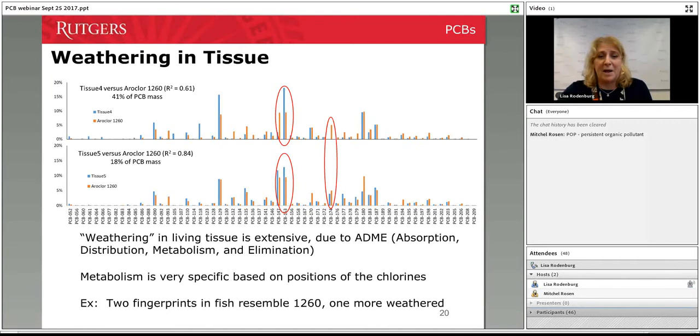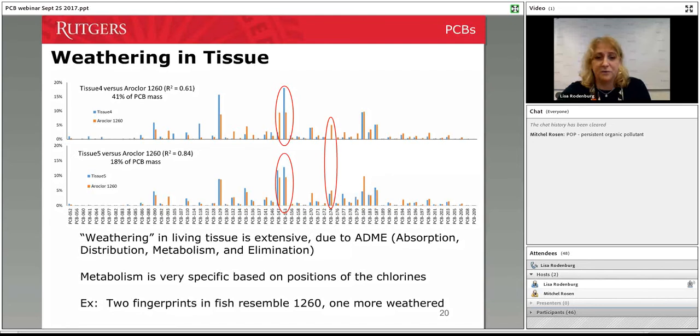And you can see on the bottom figure, the blue and the orange bars match up really, really well. But then on the top figure, the blue bars and the orange bars, there are some places where they really don't match anymore. And I've tried to circle some of those. What's happening there is that organisms go after very specific targeted PCB congeners that for whatever reason fit perfectly into the enzyme and just get destroyed. And so some of the PCBs get left behind, but a few of them just get almost completely removed.